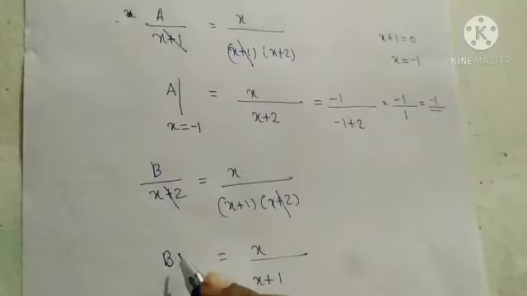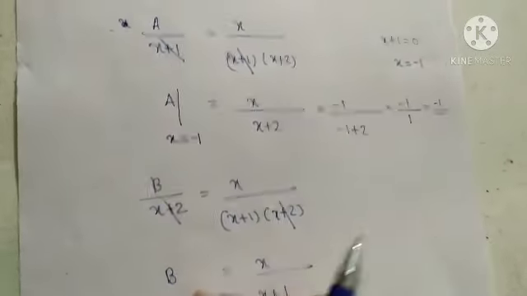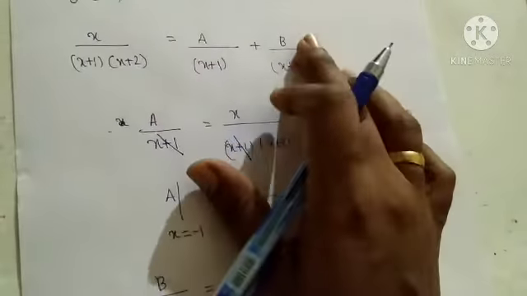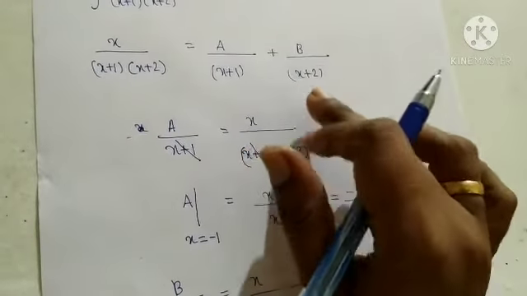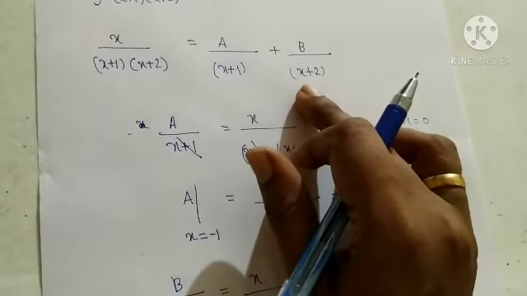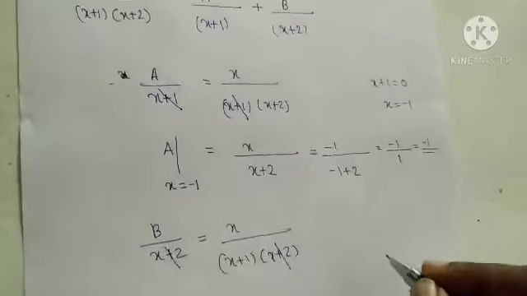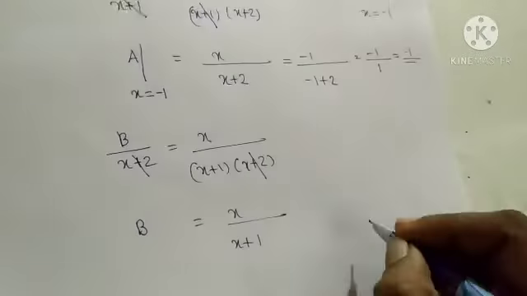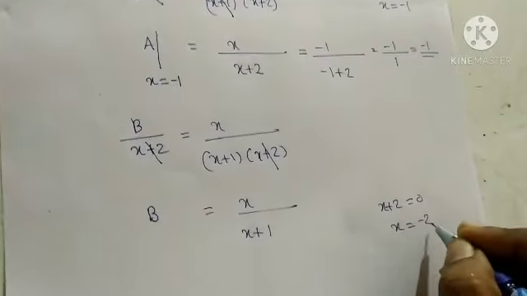Next we need to find out the value of x which will make the denominator of b 0. That is, put x plus 2 equal to 0. From this we get x equal to minus 2.